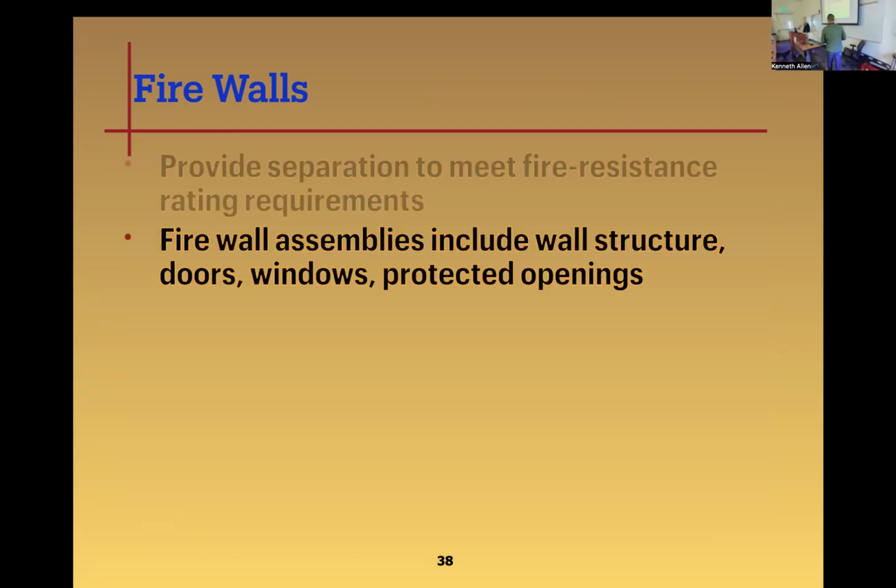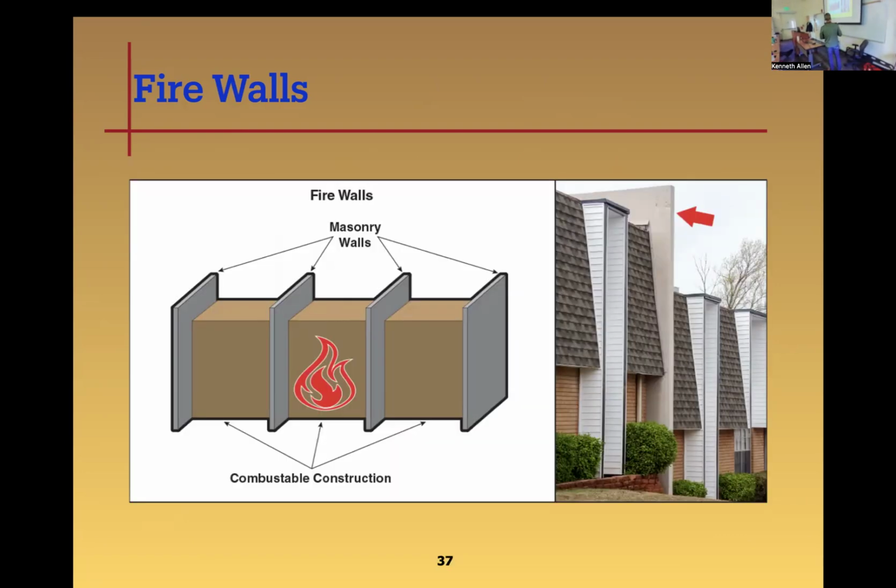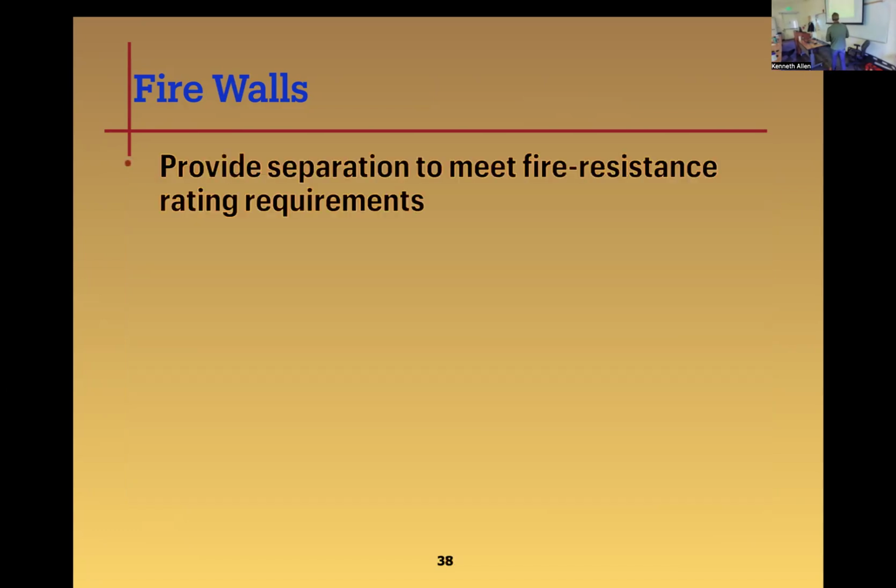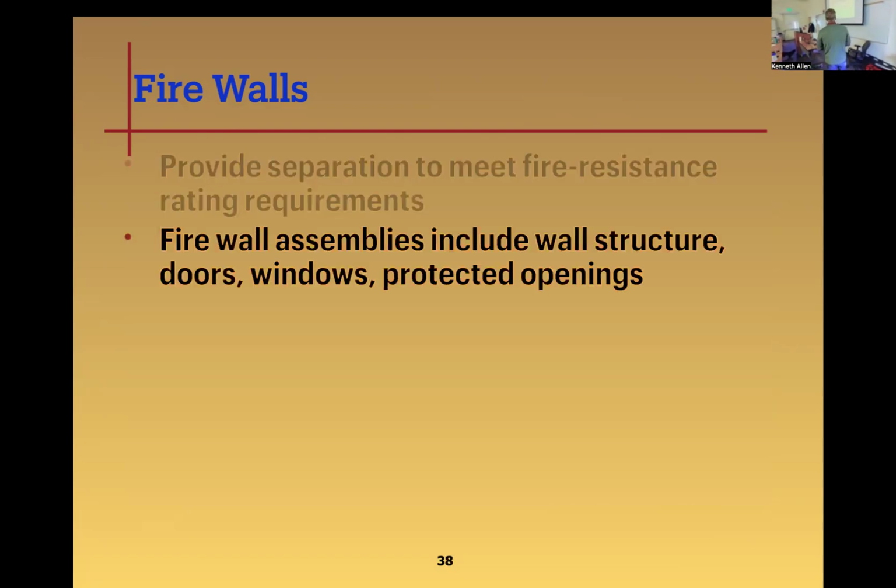Okay, so what we want to have are these kind of walls blocking the spread between different rooms. Those are firewalls. They separate the areas out and basically give you time and distance to manage the fire from one room or one residence to the next.